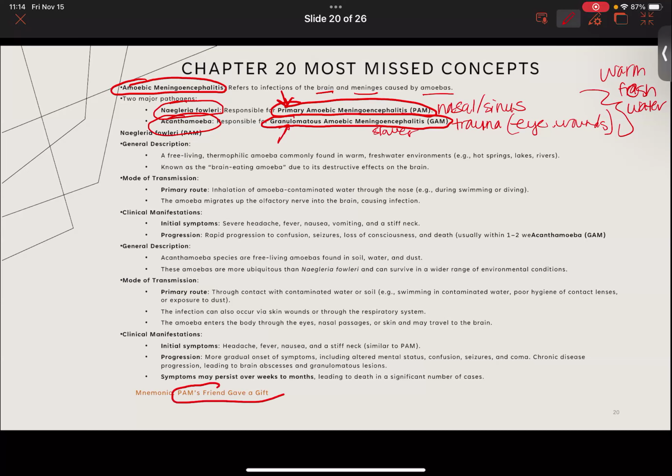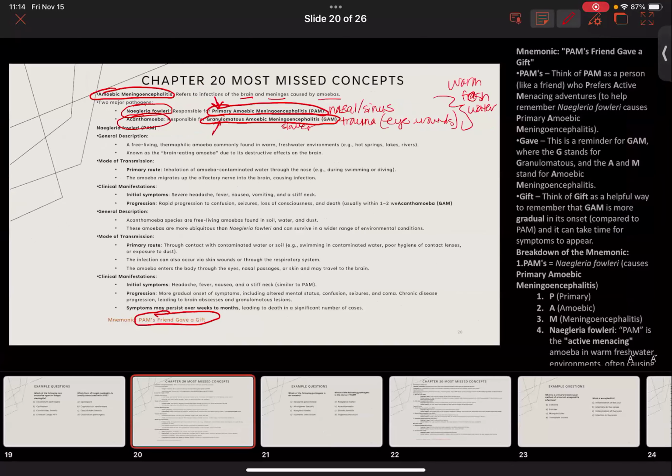Here's our mnemonic. Pam's friend gave a gift. So Pam, obviously referring to PAM, primary amoebic meningoencephalitis, associated with Naegleria fowleri. It's very menacing. So Pam refers to the fact that it prefers active, menacing adventures, right? So Pam's pretty menacing friend.